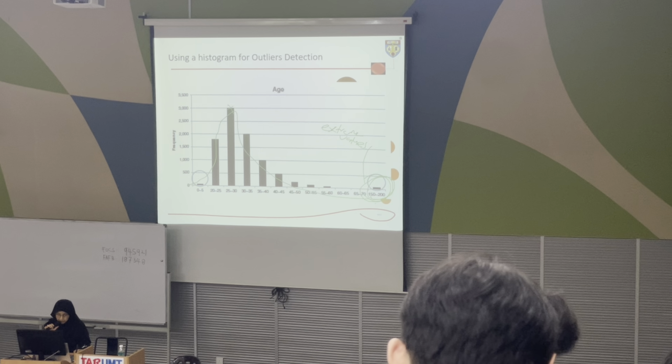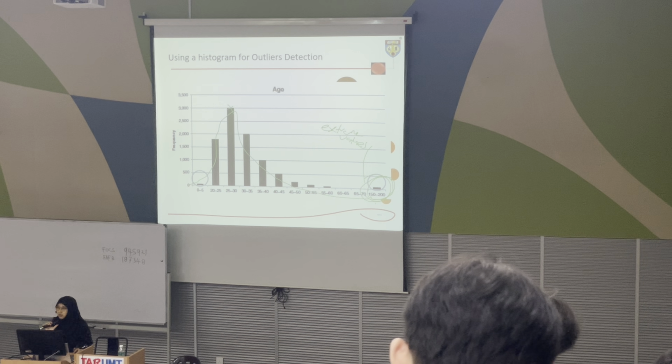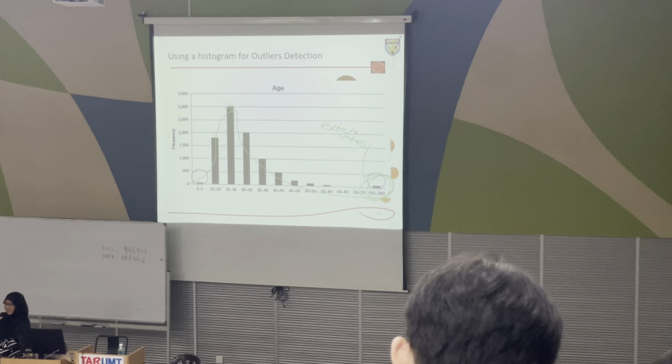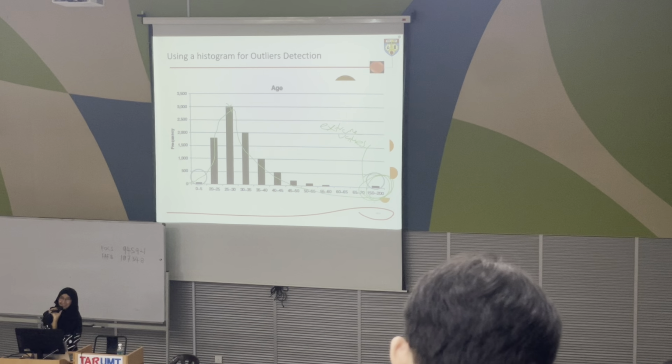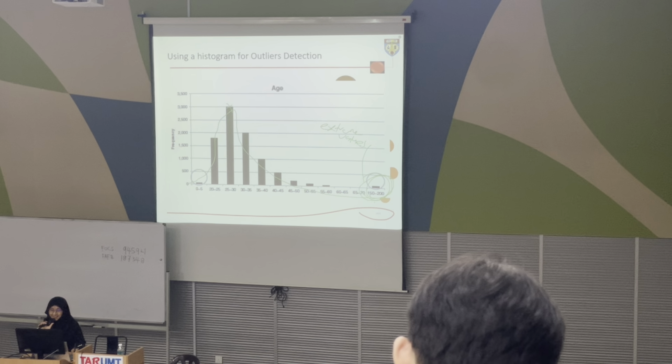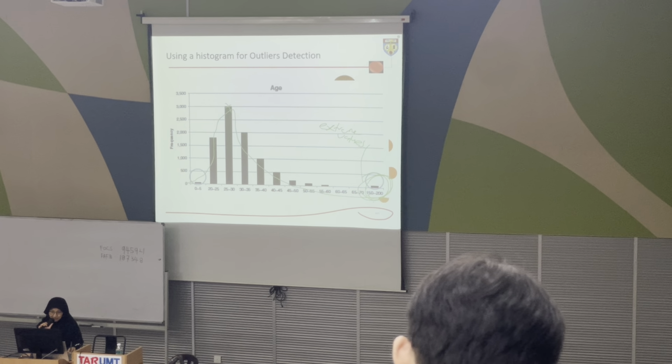Okay, so based on this histogram, is this histogram right skewness or left skewness? Right or left skewness, students? Right skewness, why? Because this is the tail, right? So the tail is towards the right.